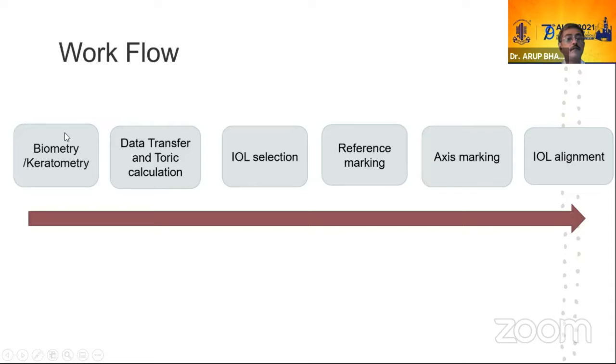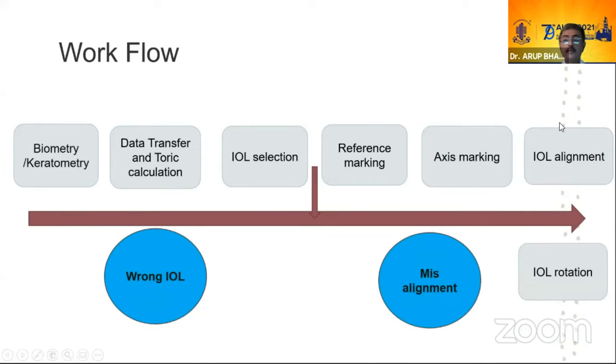So it is very much possible that there may be something wrong at this stage, and you have to take IOL rotation into account, which can happen. But this part is a wrong IOL, and this part is a misalignment. In this talk I will concentrate mainly on the misalignment part.